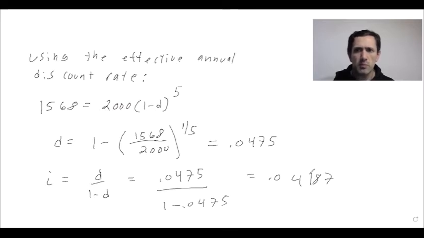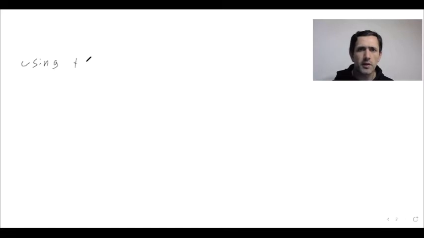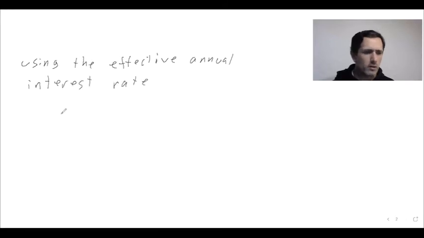All right, so just to get some extra practice with our basic formulas, as I said, I want to also do this using the effective annual interest rate, first solving for that, and then using that to solve for the effective annual discount rate. So using the effective annual interest rate, well, just use our present value formula.